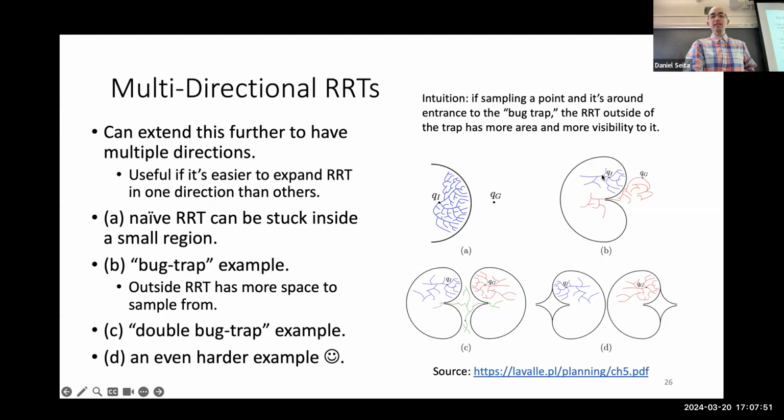So what this means is that if you have your initial pose that's inside this bug trap versus the goal pose, which is outside of the bug trap, then if you only go from the inside direction, it might be harder. You're familiar with what a bug trap does, right? So does everyone see why for B it's better to do a bidirectional RRT than a unidirectional one from the point QI?